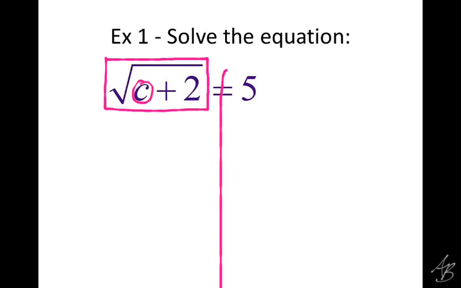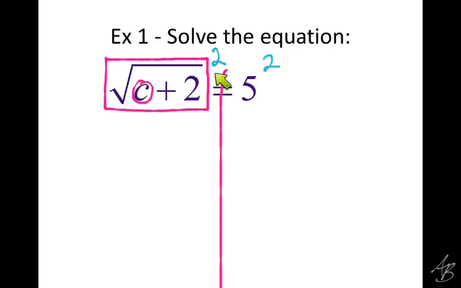So the next thing we need to do is get rid of the square root. How are we going to do that? We're going to square it. To get rid of a square root, we square it, which is a little 2 in the top right corner. Don't square something by putting the 2 over here. This is not a square. It doesn't really mean anything if the 2 is top left. A square always goes up and to the right. So we square the left side to get rid of the square root, but if we square the left side, we have to square the right side.